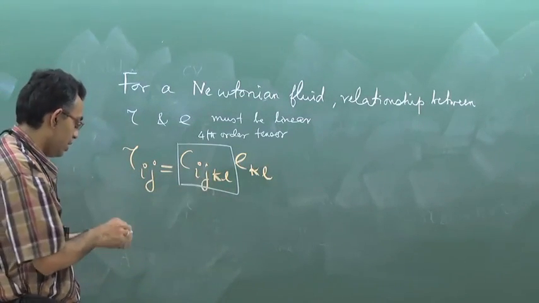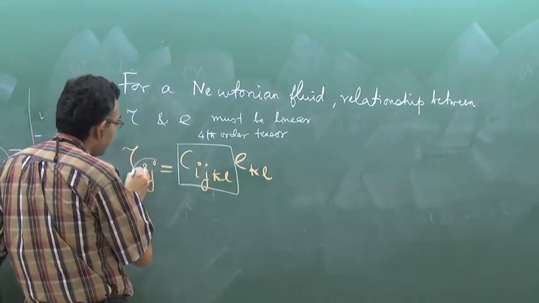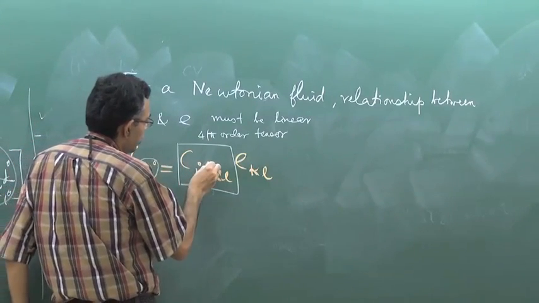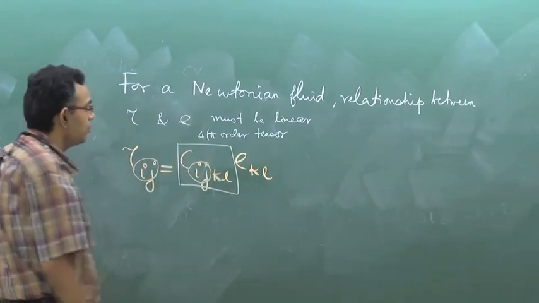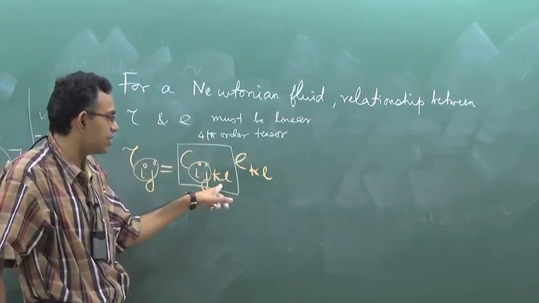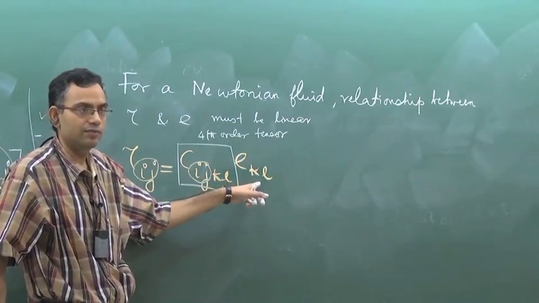You can see in the left hand side you have free indices i and j. In the right hand side also you have free indices i and j, and there is summation over k and summation over l.